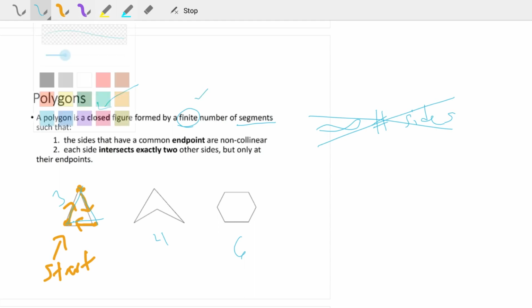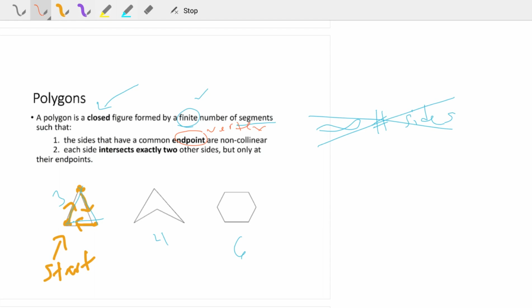Now, the next part is going to be just a little bit harder to wrap your mind around because this is a very mathy definition. The sides have a common endpoint, which is basically a vertex. That's what you're trying to say there.